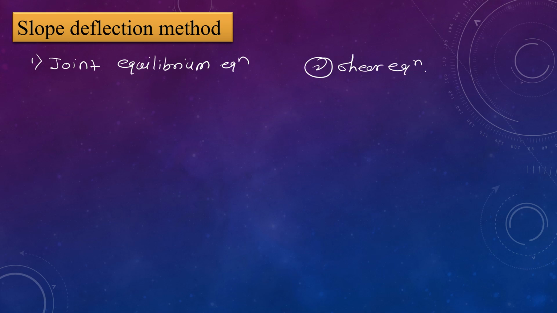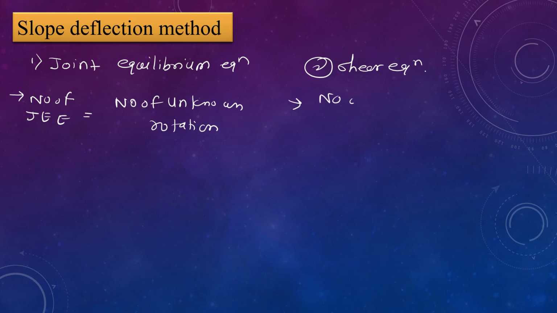Here the number of joint equilibrium equations formed is equal to the number of unknown rotations, and the number of shear equations formed is equal to the number of unknown displacements.